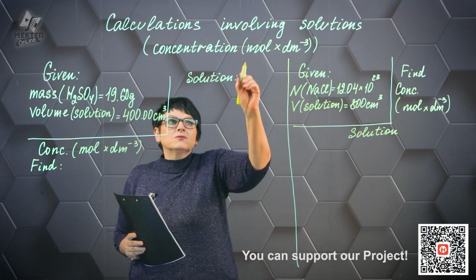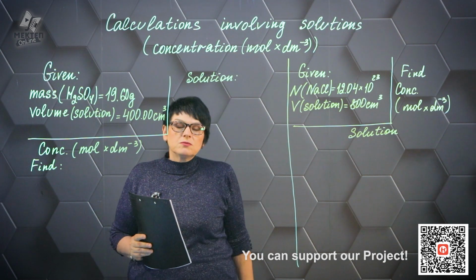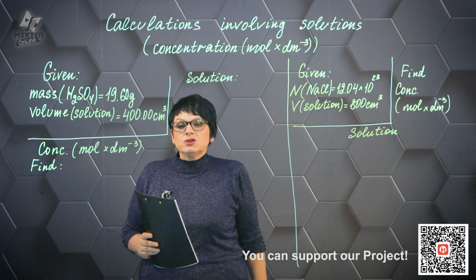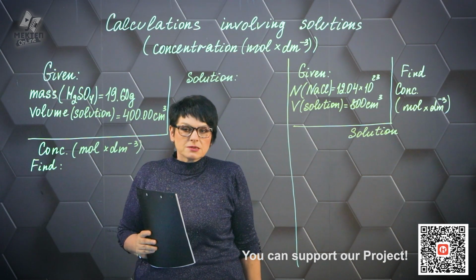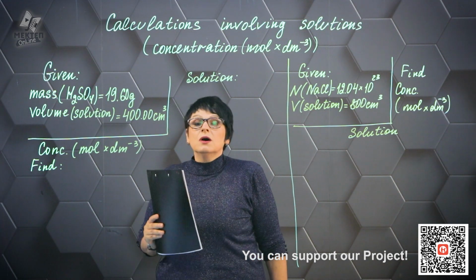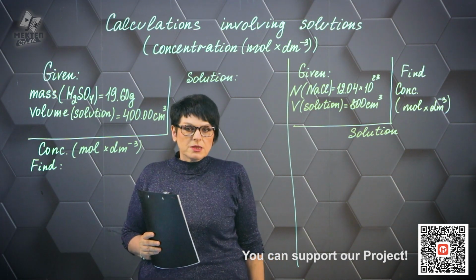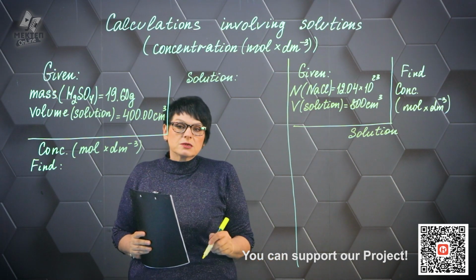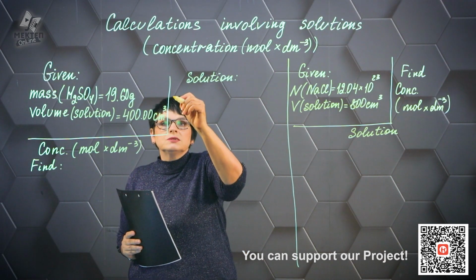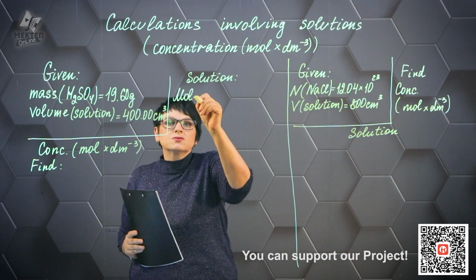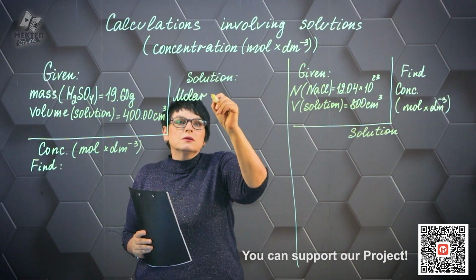Note, in order for us to do the calculation, we need not the mass of sulfuric acid, but its amount of substance. In order to make this calculation, we need to calculate the molar mass for sulfuric acid.